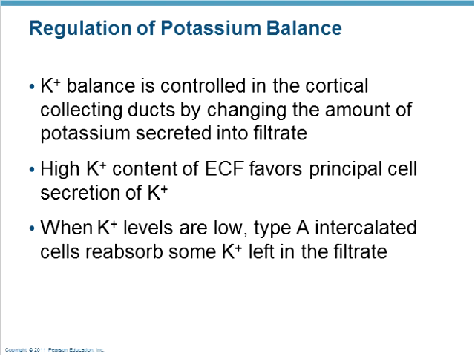Now, potassium balance is controlled in the cortical collecting ducts by changing the amount of potassium secreted into the urine filtrate.